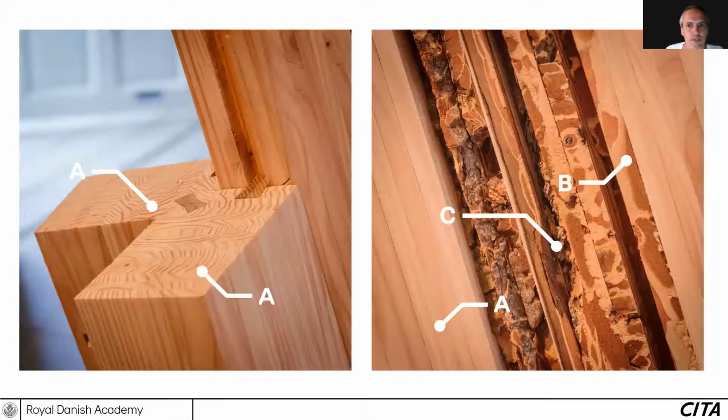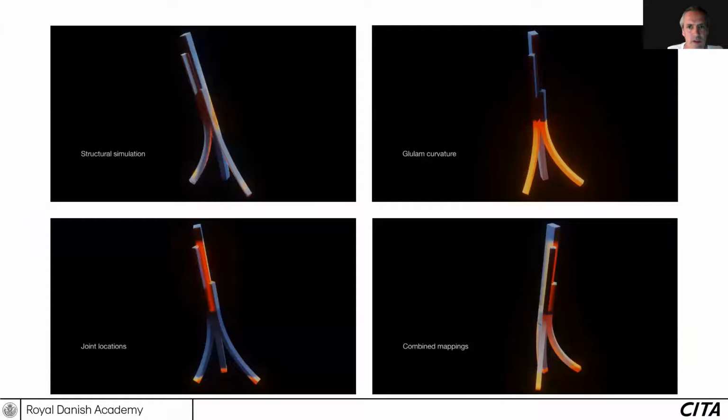For this project, we use a very simplified understanding of required wood qualities for our architectural design. High quality in areas of joints and structurally demanding areas, and low quality in other areas such as the mid area of beams. We combine the different performance requirements from structural, fabrication, and tectonic levels into a combined mapping.